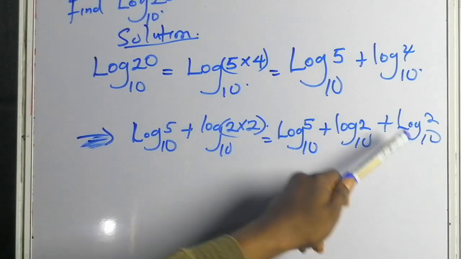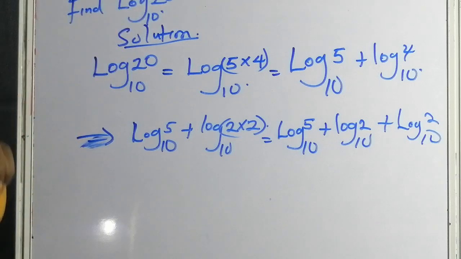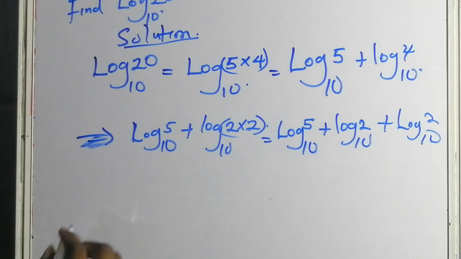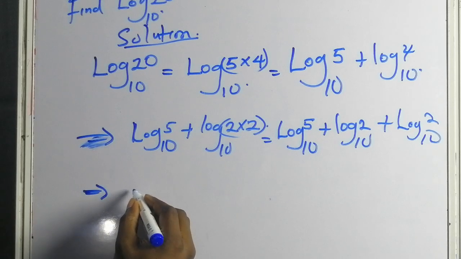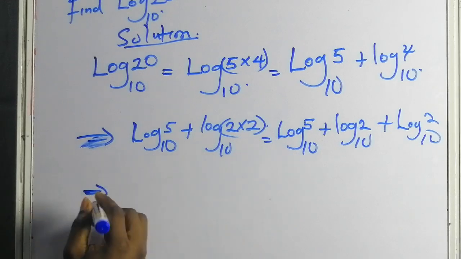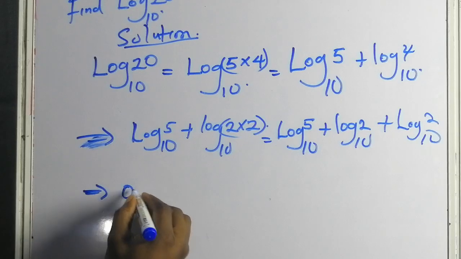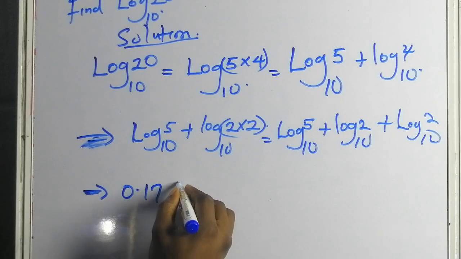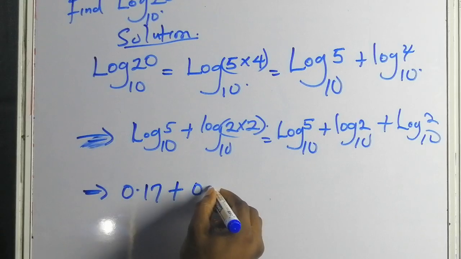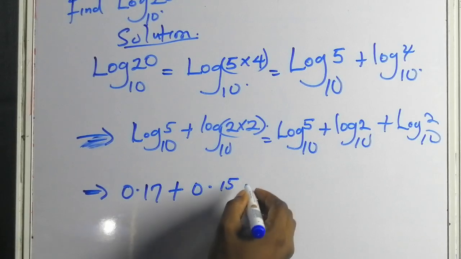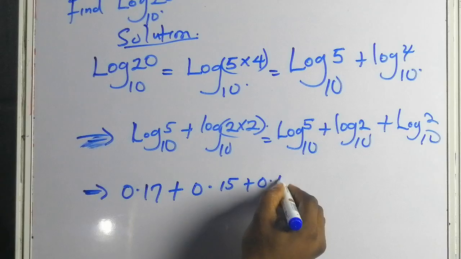Plus another log 2 base 10, put 0.15. That is what we call substitution and equation in logarithms. So instead of writing log 5 base 10, I'll write 0.17 plus log 2 base 10, I'll write 0.15, plus another 0.15.